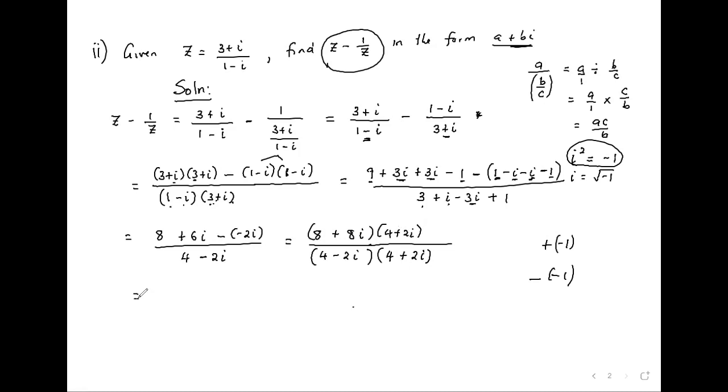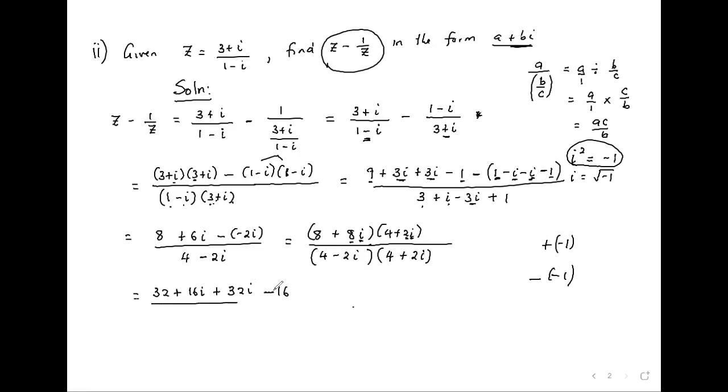So what do we get? 8 times 4, we get 32, plus 8 times 2, we get 16i, plus 8 times 4, you get 32i. And then 8 times 2, we get 16. i times i, we get -1.